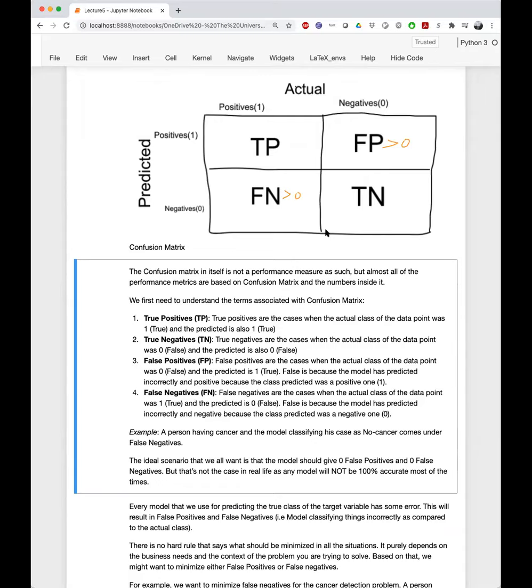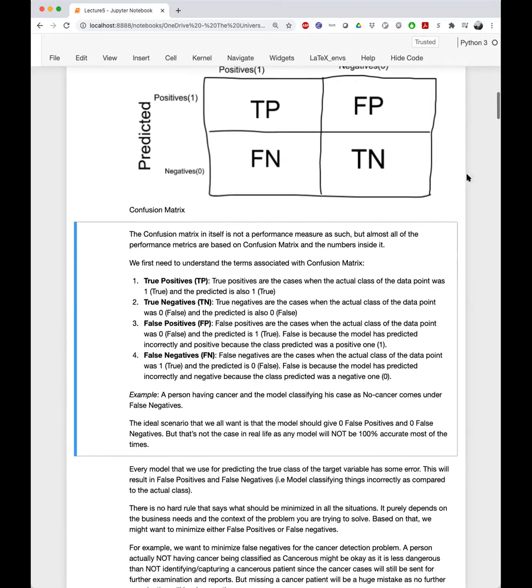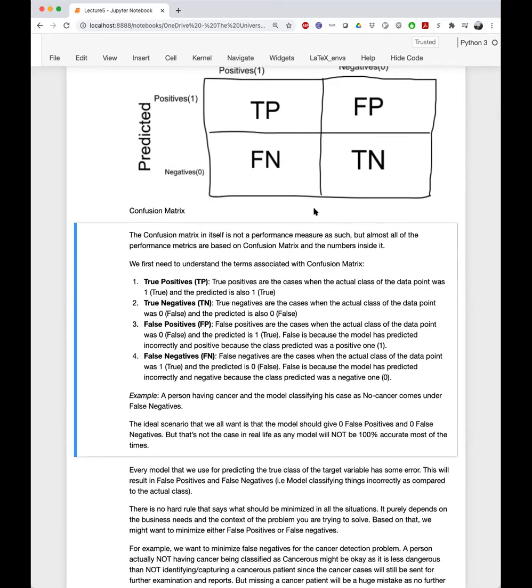That can be a decision when you're training or selecting the model. It depends on the problem. Sometimes you want to minimize false positives, and sometimes you want to minimize false negatives. So here we have two cases corresponding to these two different situations.